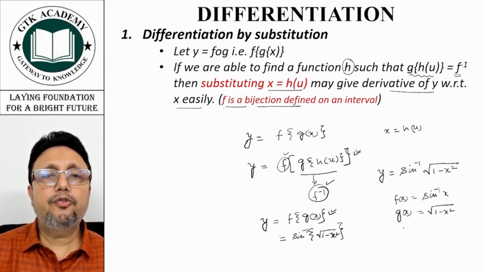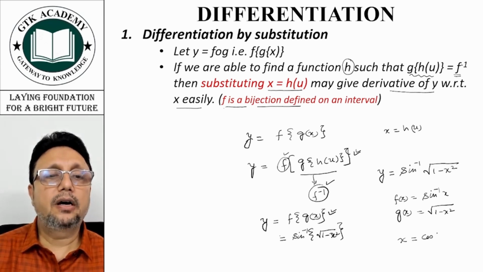Now if we find any function h, for example here we substitute x by cos θ. So here h is the cos function.